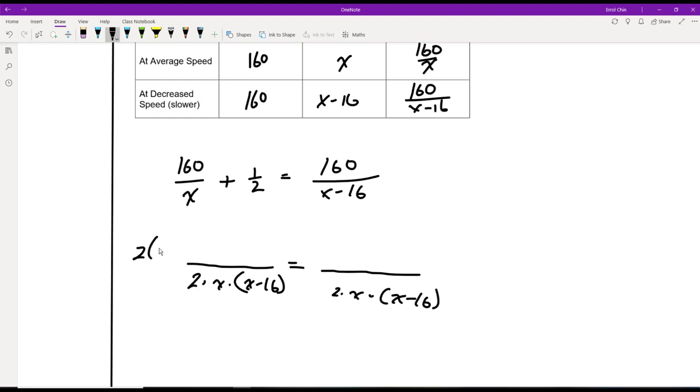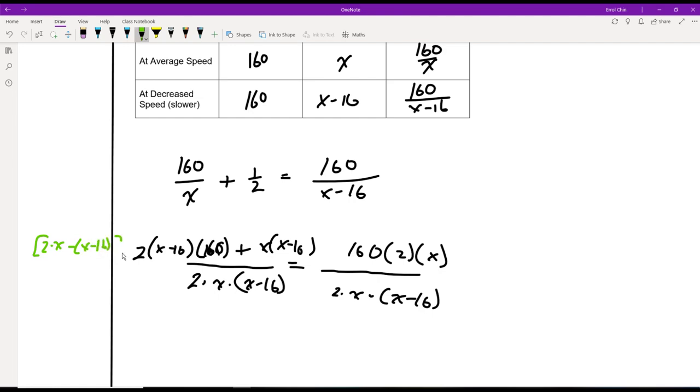So it's going to be 2 times x minus 16 times 160 plus, well, I already have a 2 here, so I'm going to multiply this by x and a minus 16. And then it's going to equal 160 times a 2 times an x. And we can get rid of everything in the denominator just by multiplying by 2 times x minus 16. And that cancels every one of these guys out.